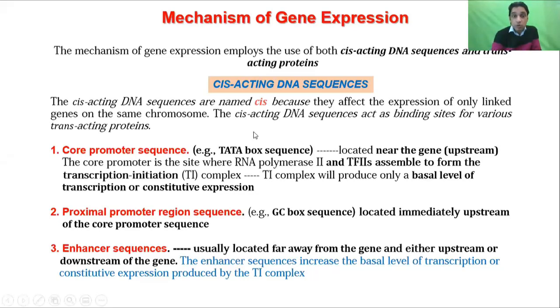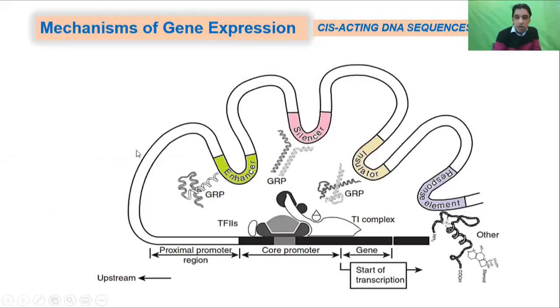Okay, let me take you to the first type. The first portion of the promoter. Now you can have an idea where the promoter region exists: just upstream. In molecular biology, it is called the upstream region, just above the gene.